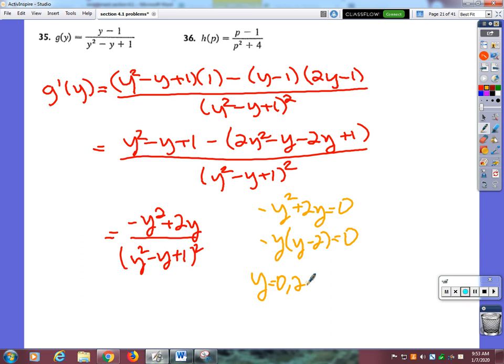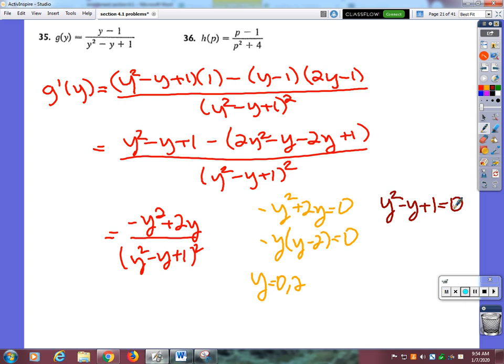Then I also have to figure out where this is undefined, and this will be undefined where the bottom equals 0. So if I set this equal to 0, the first thing I would do is square root it, and the square root of 0 is just 0, so then that leaves me with y squared minus y plus 1 equals 0.